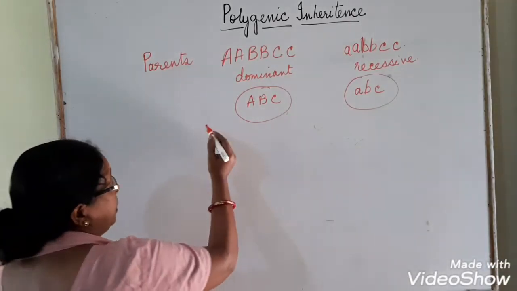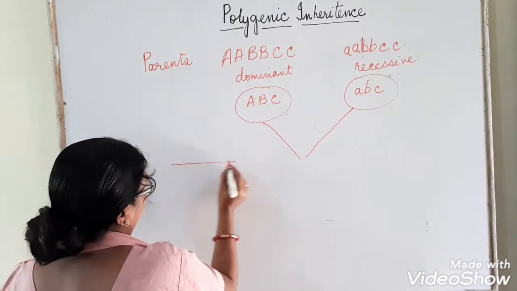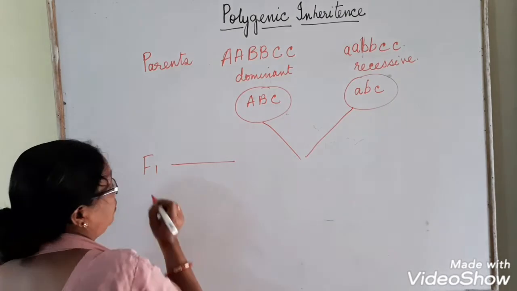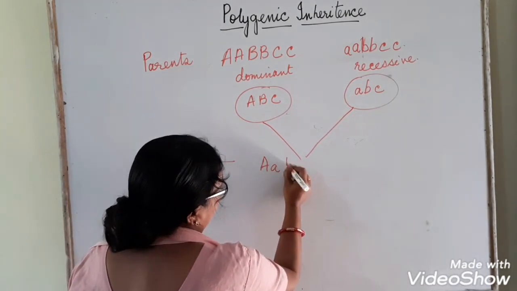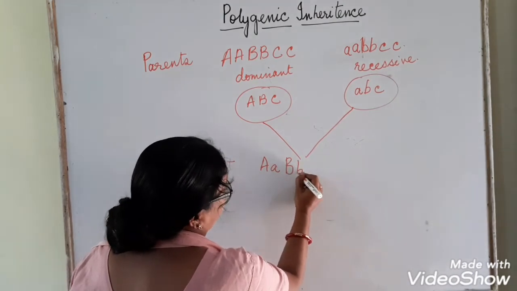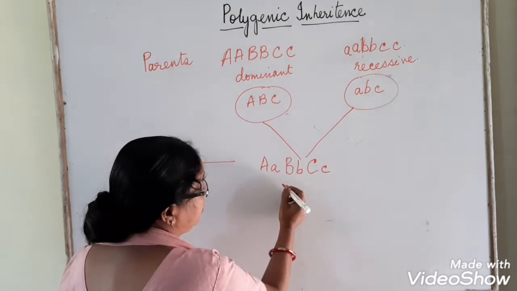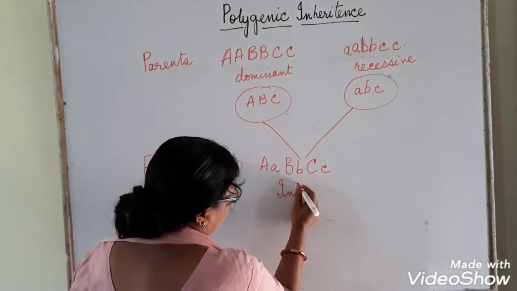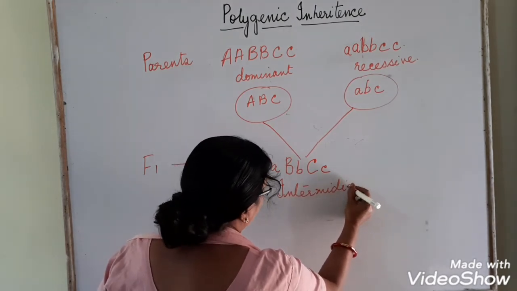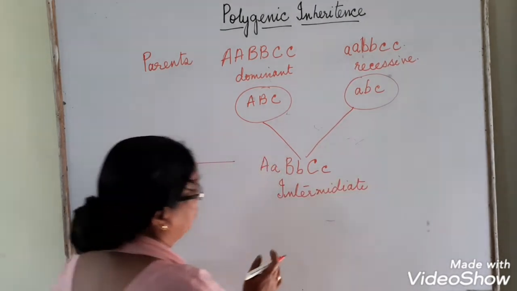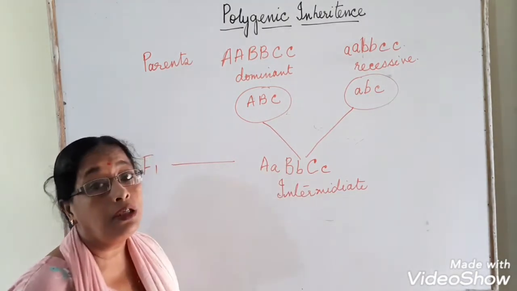When a cross is made in the F1 generation, what we will get is capital A, small a. That means the intermediate color, having 3 dominants and 3 recessives.